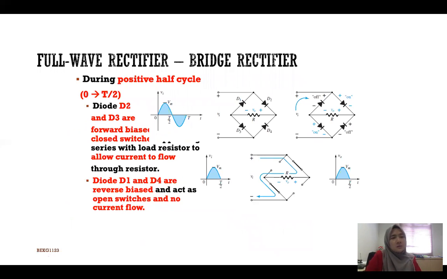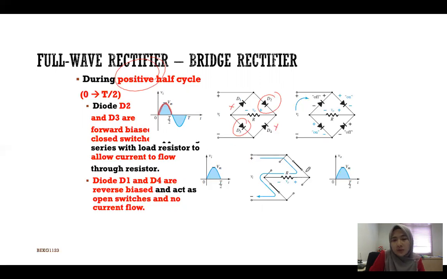So what happens in the full wave rectifier? Look at here, during the positive cycle, diodes D2 and D3 are forward bias, so they can be converted into closed switches. Diodes D1 and D4 are reverse bias, so they act as open switches.